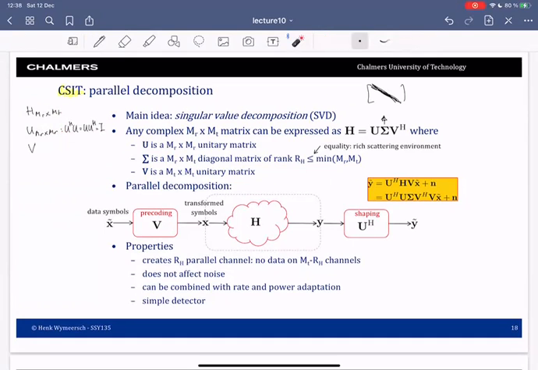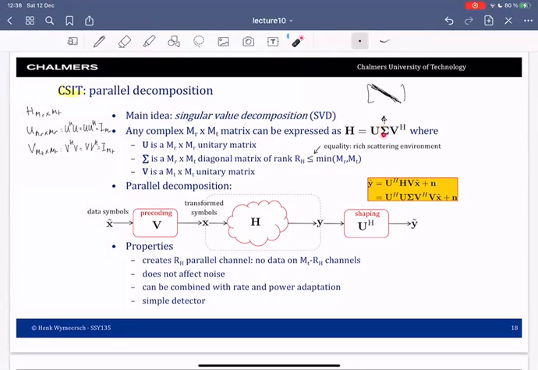V, which is on the other side here, has as its second dimension the number of transmit antennas, so V should be MT by MT. And V also satisfies this requirement. So it's also a unitary matrix, but U is an MR unitary matrix, V is an MT unitary matrix.